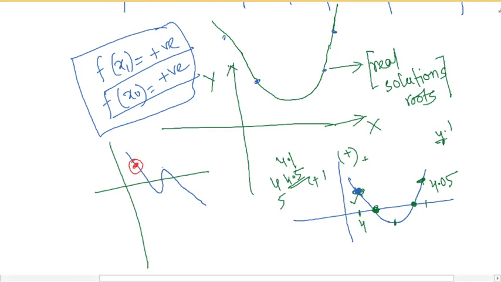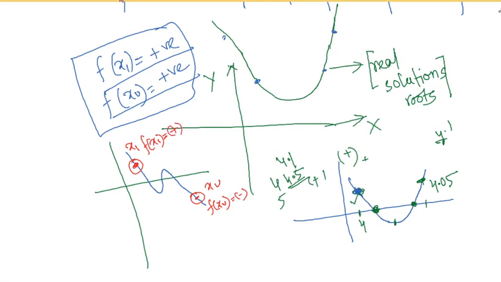Yes, I have obtained two different signs, xl and xu, and f(xu) is negative, for example here, and f(xl) gives you a positive value. So you might be very delighted that, oh, I have got two different signs. But it is possible that within these 2 points, not only one, there might be 3 roots lying.